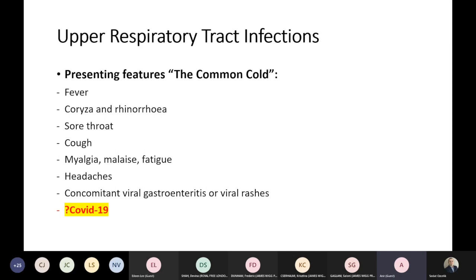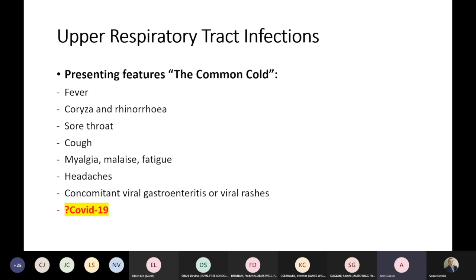But remember that the upper respiratory tract infection can present with more widespread systemic symptoms. So they can be part of a prodrome of viral gastroenteritis, so diarrhea, especially in children. But they can also be associated with dermatological presentations with interesting rashes like pityriasis rosea.